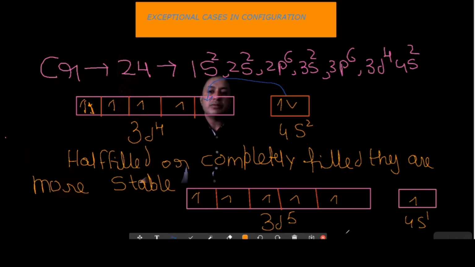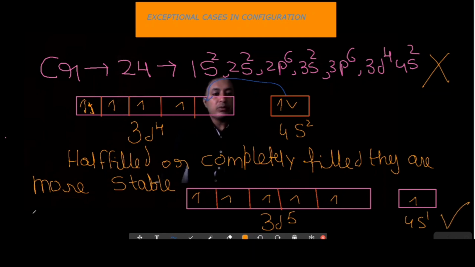So the electron can jump from 4s to 3d. So 3d4 4s2 is not the correct way of writing the electronic configuration for chromium. The correct way is 3d5 4s1. This is the method which we are going to use.